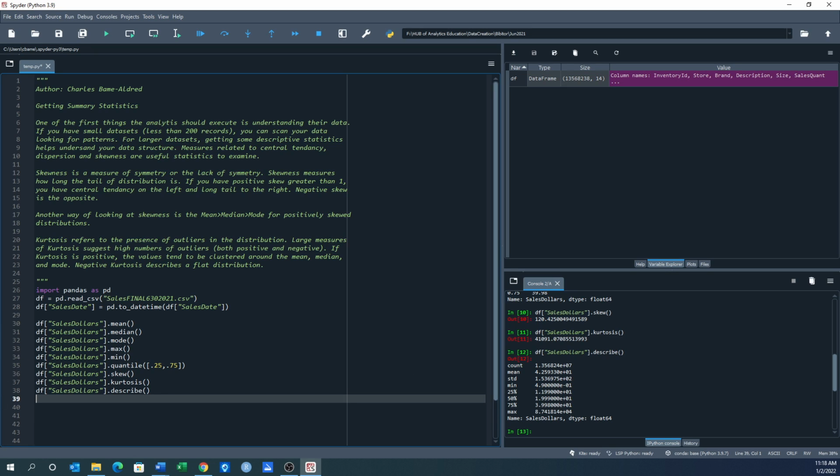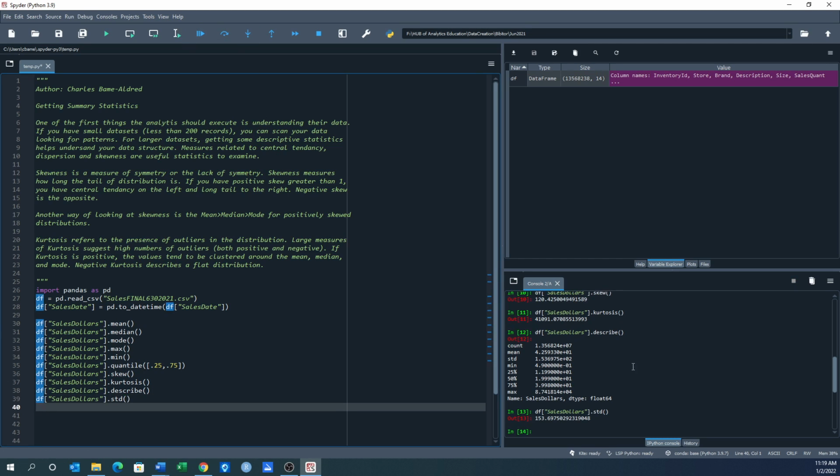Usually I put that in there, but I didn't. So if I want just the standard deviation alone, .std, right? That should just give me the standard deviation by itself. And that's what that is.